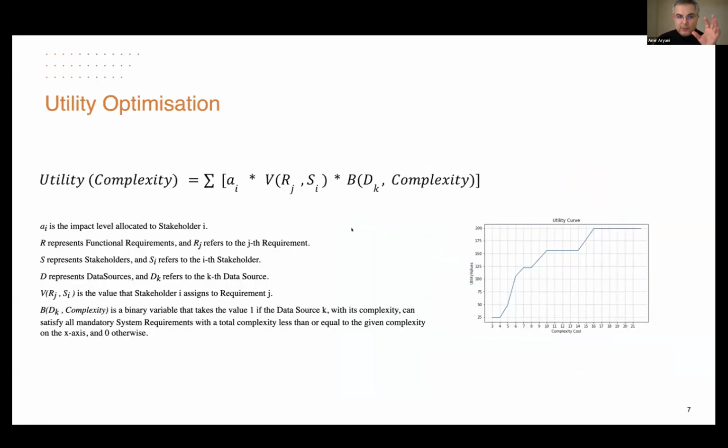The consultation process used a utility optimization model from the economics literature that looks at the different complexity of factors, the different stakeholders and the representation of the factors for those stakeholders, and comes up with a series of requirements that are the most impactful for the community.